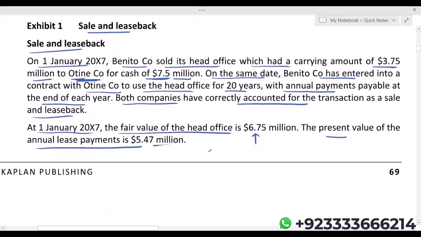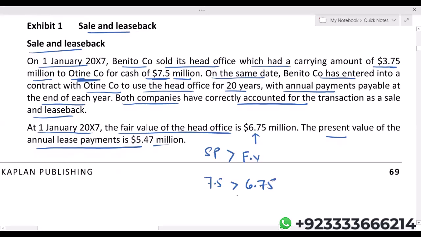Actually, can I say the sale proceed is higher than fair value? The sale proceed is 7.5 million. Fair value is 6.75 million.